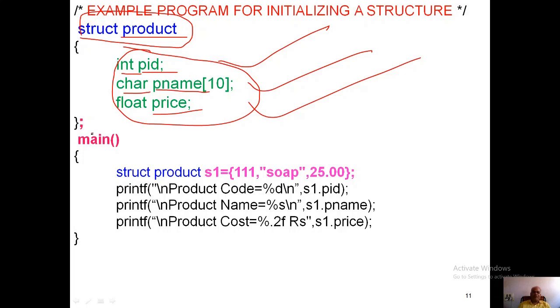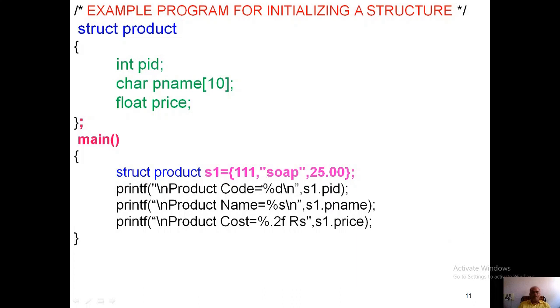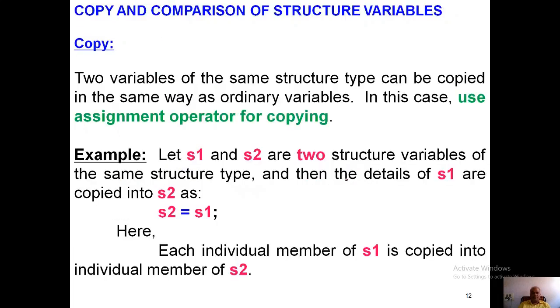So here, main, struct product S1. What is this S1? It is the name of the structure variable, so the struct product can be identified through this S1. Product ID is 111, product name is Soap, price is 25 rupees. So here you initialized all the elements. After that, simply print all of them, with the usual printing specification.